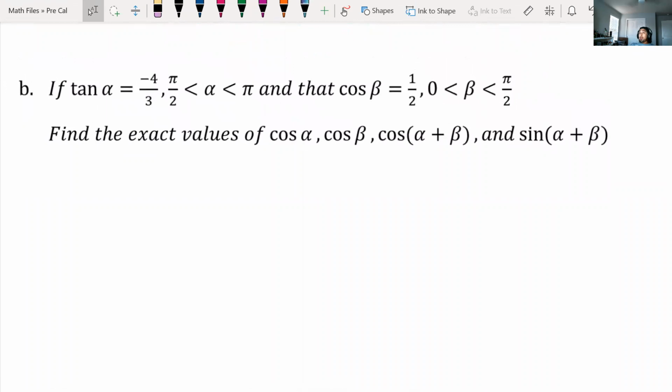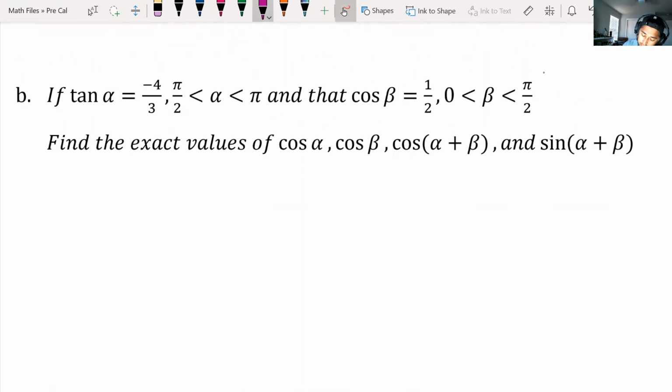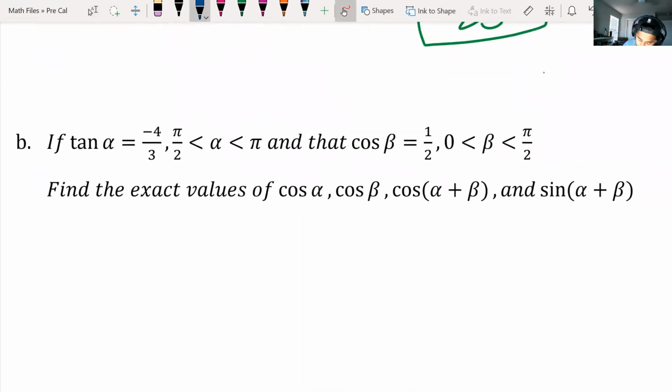All right, cool. So here, tangent alpha equals -4/3 between pi over 2 and pi, and cosine beta equals 1/2 between 0 and pi over 2. So again, let's do it all over. So for alpha, we have the unit circle.